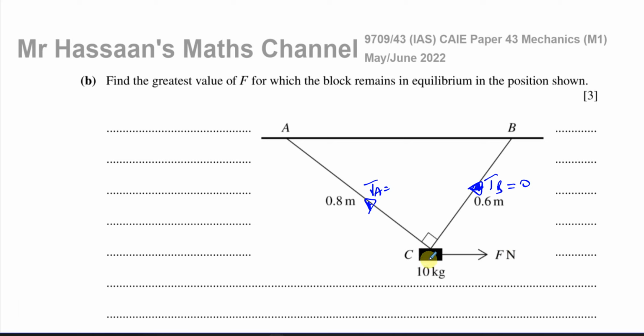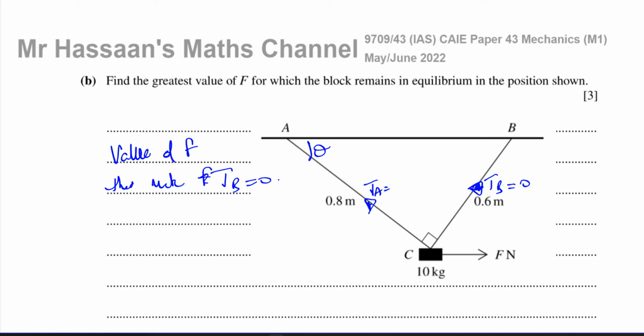So it hasn't moved yet. This has just become zero. So we need to have the value of F, okay, that makes the tension in string B equal to zero. All right. So if the tension in string B equals zero, then we can simply just resolve the forces horizontally.